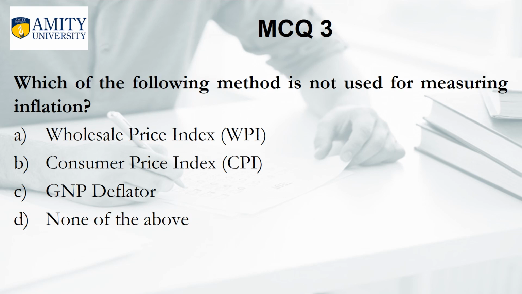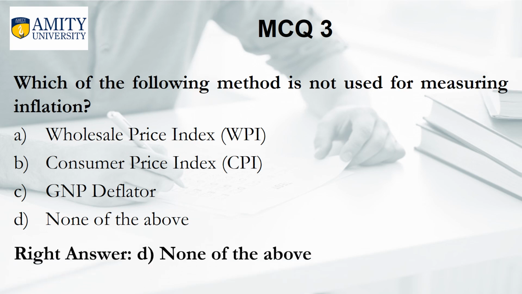Which of the following methods is not used for measuring inflation? A, Wholesale Price Index, B, Consumer Price Index, C, GNP deflator, D, none of the above. And the right answer is D, none of the above.